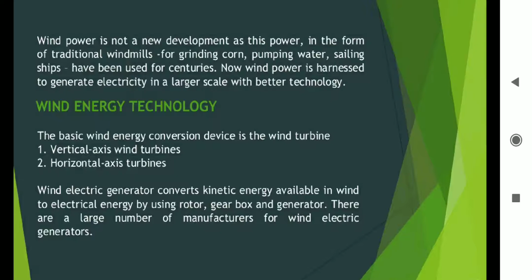Wind energy generators convert kinetic energy available in the wind to mechanical energy. Then mechanical energy is converted to electrical energy with the help of a gearbox and generator, as I have told you.